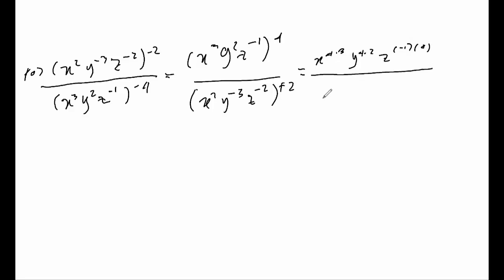So I have x to the 2 times 2, because I'm bringing a positive 2 in there, and then y to the 2 times negative 3, and then z to the 2 times negative 2.